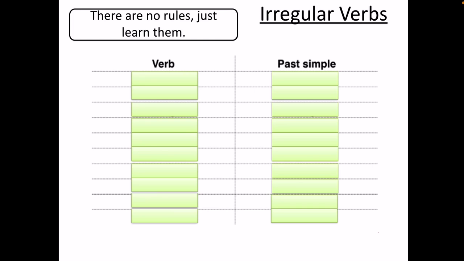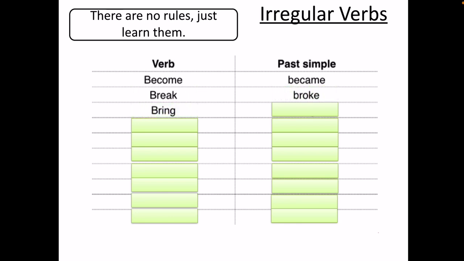Now we're going to take a few examples. هنأخذ بعض الأمثلة القليلة. For example here we have become, became. Break, broke. Bring, brought. Buy, bought.